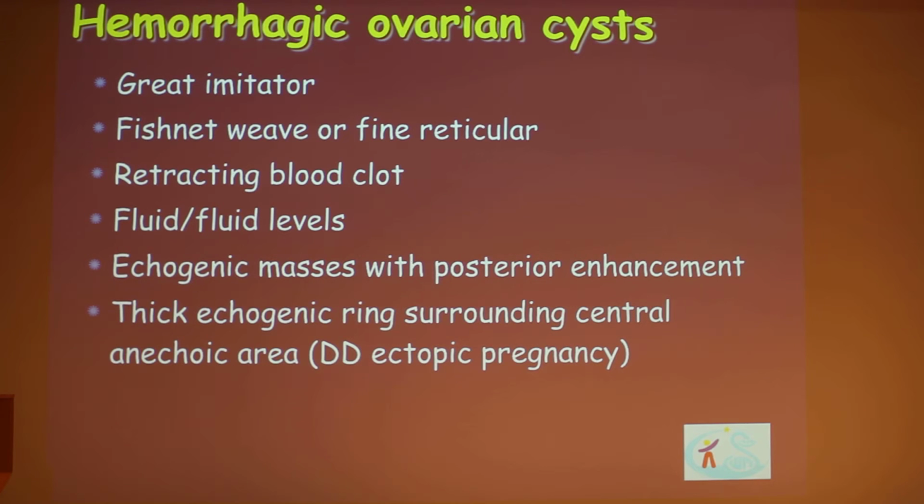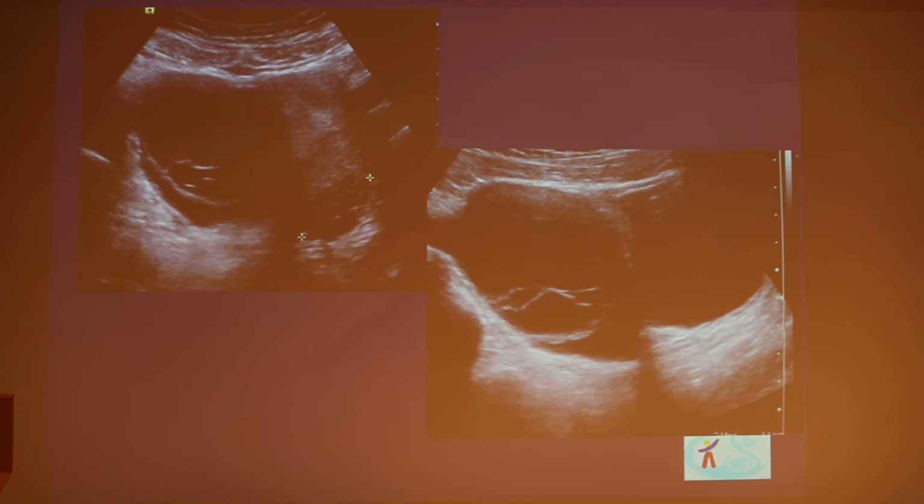And even the differential diagnosis sometimes includes an ectopic pregnancy due to the appearance. So here we have a fishnet appearance. This is a huge cyst with these reticulations in it, and this should not be confused for tumor.